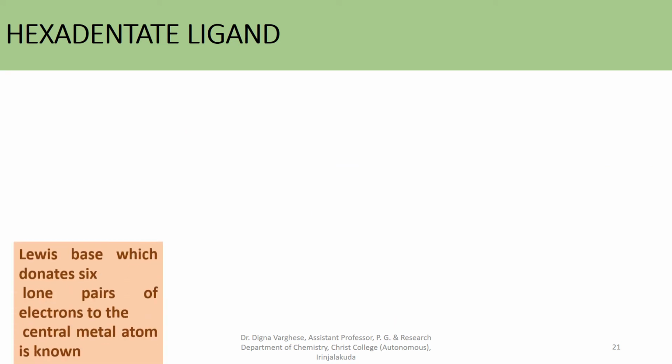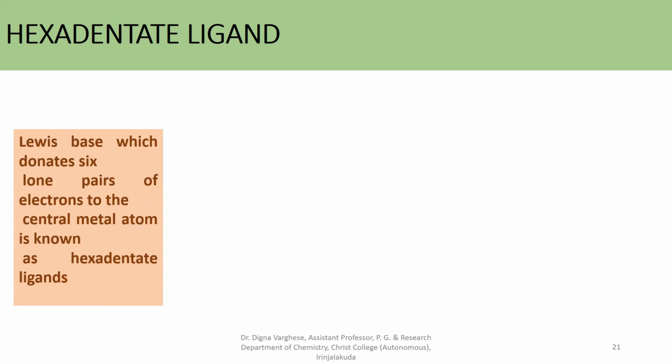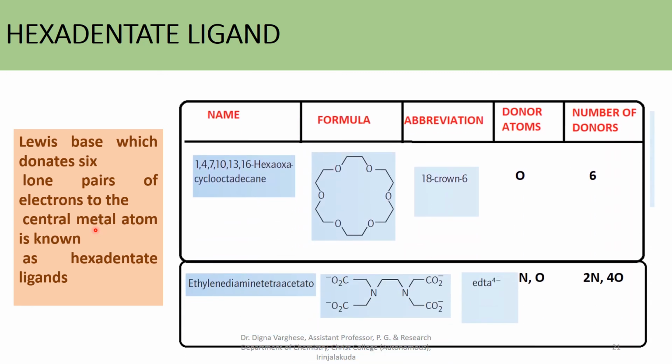Hexadentate ligand. A hexadentate ligand is a Lewis base which donates 6 lone pairs of electrons to the central metal atom. For example, 1, 4, 7, 10, 13, 16-hexaoxacyclooctadecane.